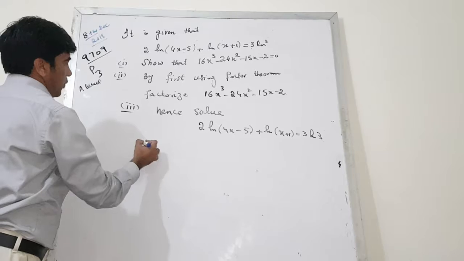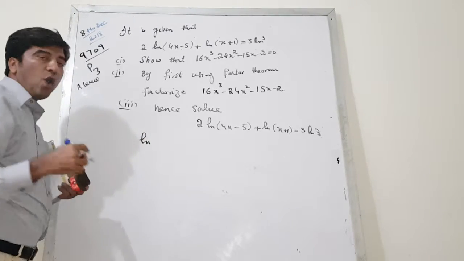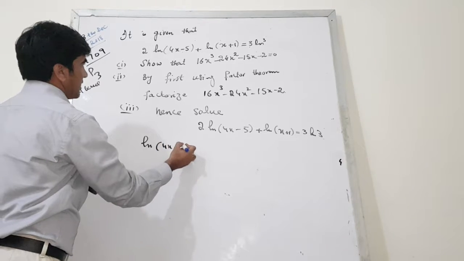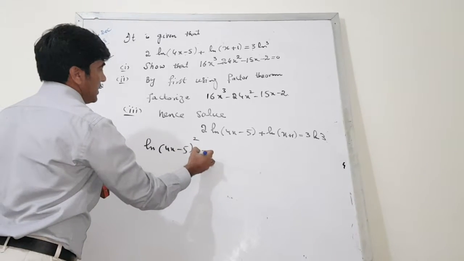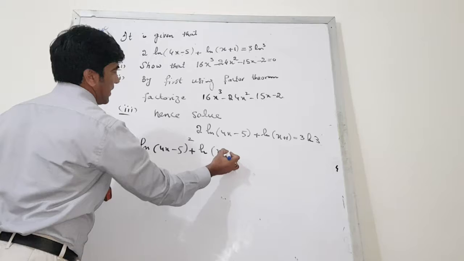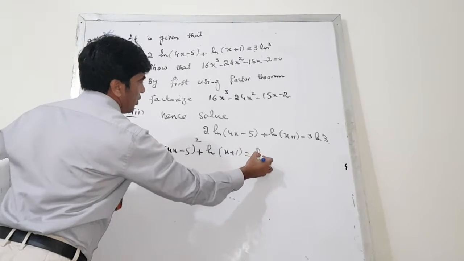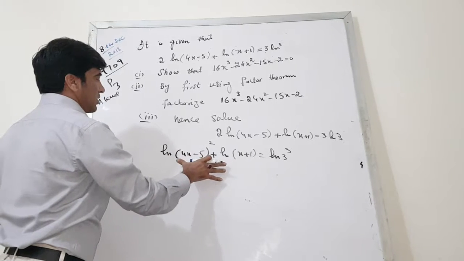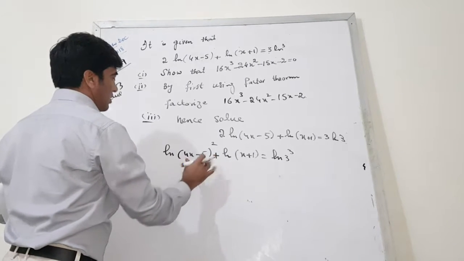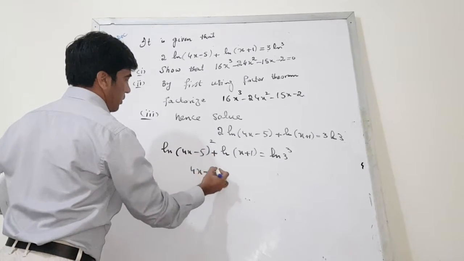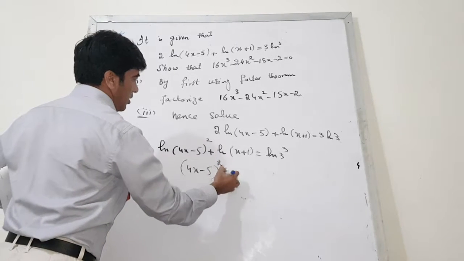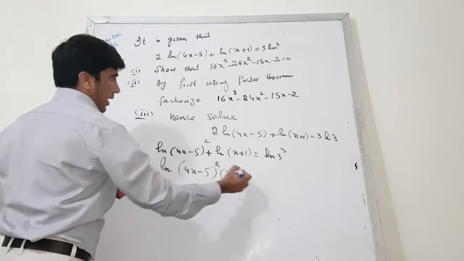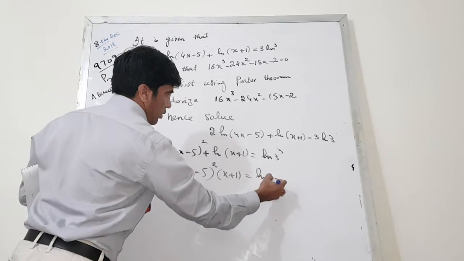Look, first you will apply the laws of log: ln (4x − 5)² + ln(x + 1) = ln 3³. Now, the sum of these logs can be converted into a product this way, and this is 27.